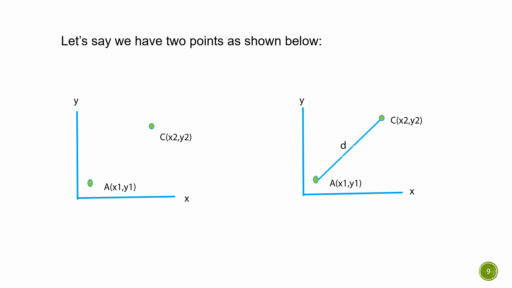We want to find the value of d, and here we want to use the Euclidean distance measure. So we want to calculate the distance between A and C, which are represented by x1, y1 and x2, y2.